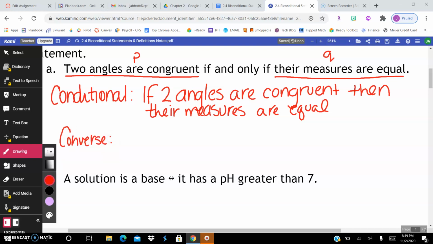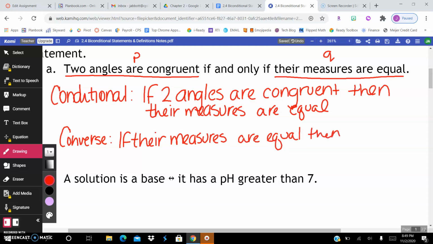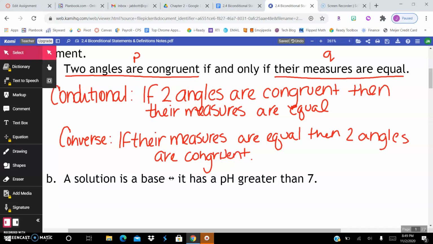And the converse is simply flipping those around. If Q, then P. So we would say if their measures are equal, then two angles are congruent. So we were given a biconditional, we had to pull it apart and write the conditional and converse.